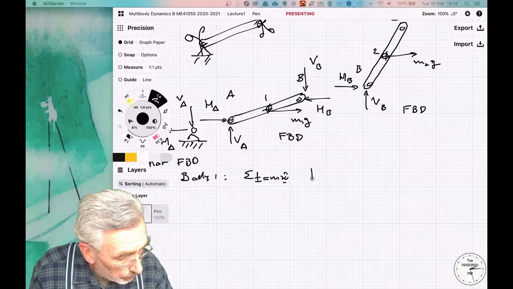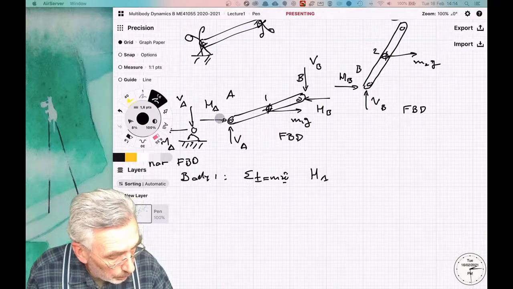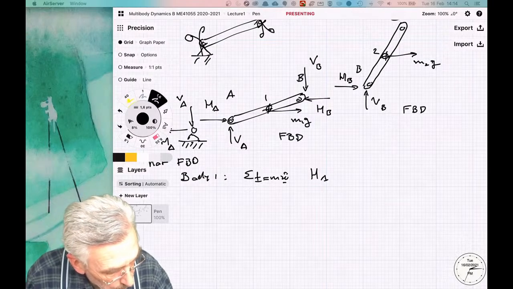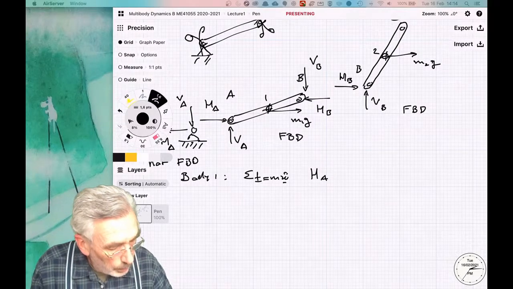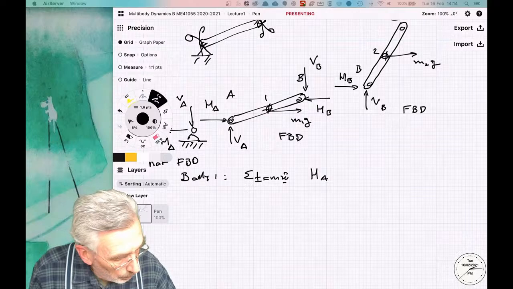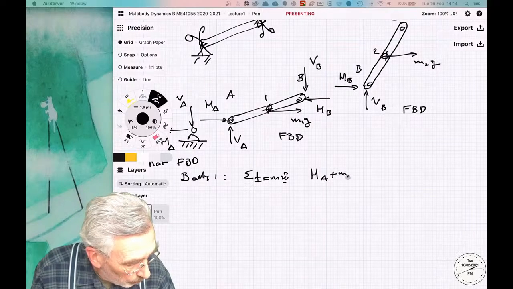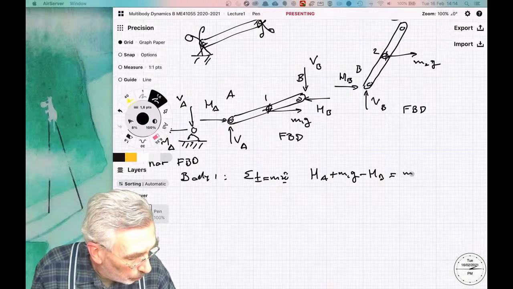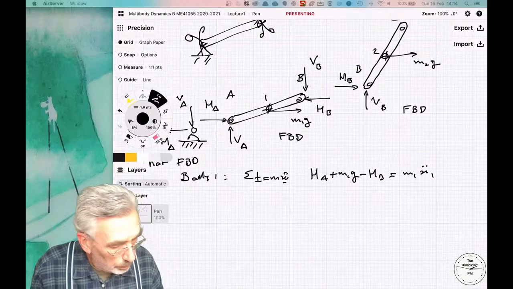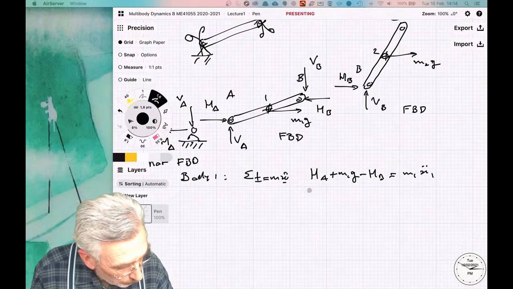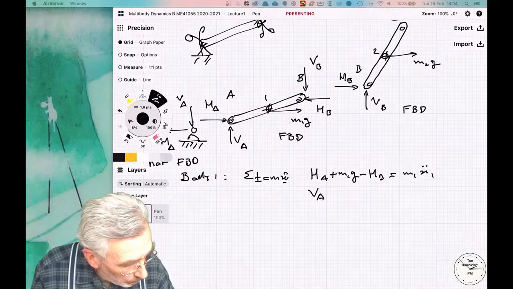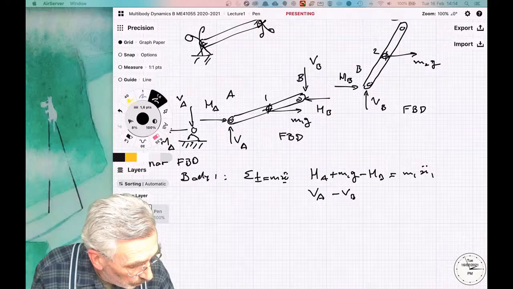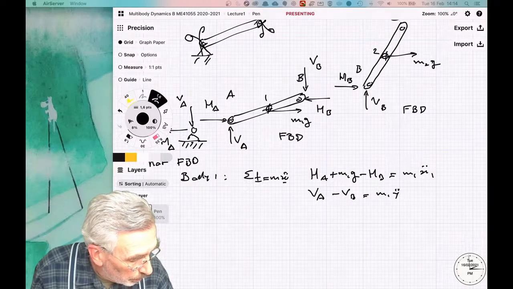So that breaks down to horizontal: H_A, a horizontal force here, plus M1G, minus H_B equals M1 x double dot 1. Then for the vertical, we have plus V_A, minus V_B equals M1 y double dot 1.